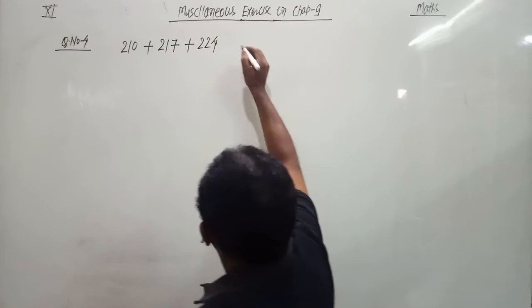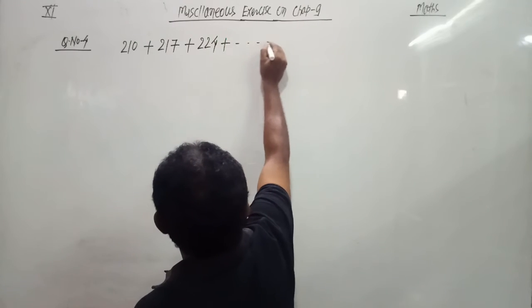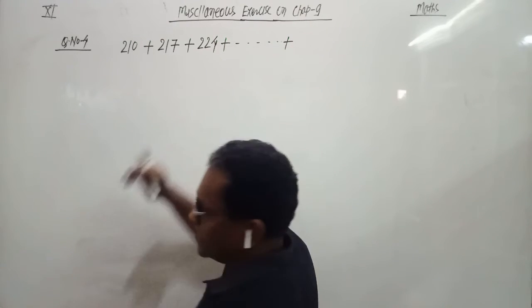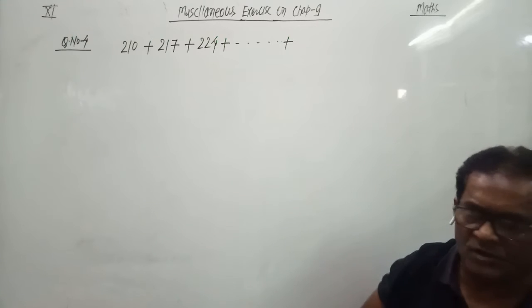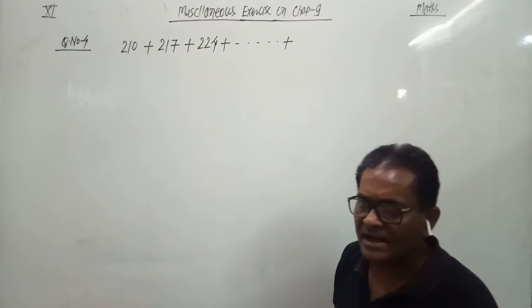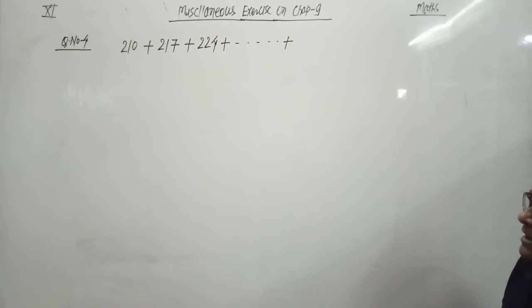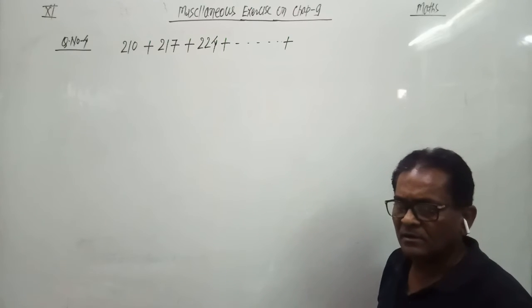Then plus so on. The last number just before 400 which is divisible by 7, that is 357? Let us check.